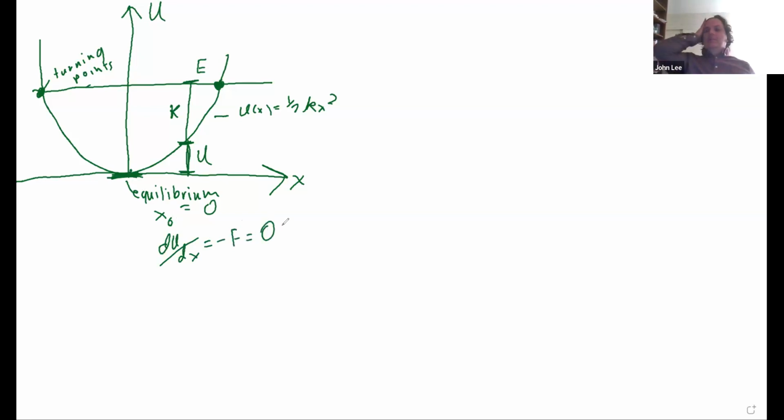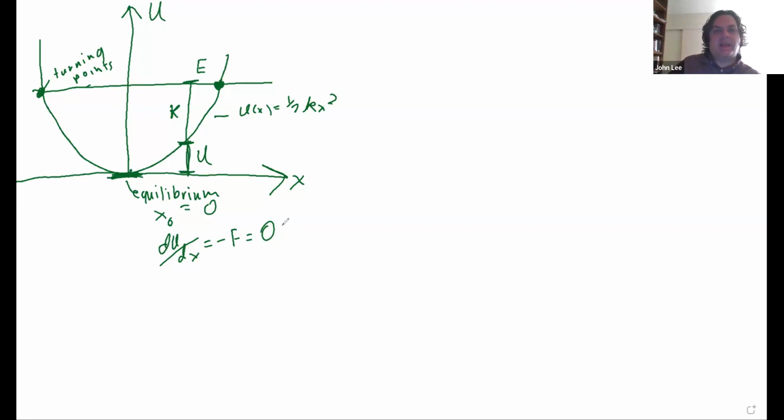So if there's no force, and your particle is at that point, then the particle is experiencing no force, and if it has no potential or kinetic energy, then it's just going to stay at that point forever, which is why it's called an equilibrium point.